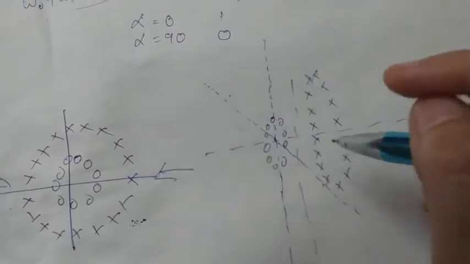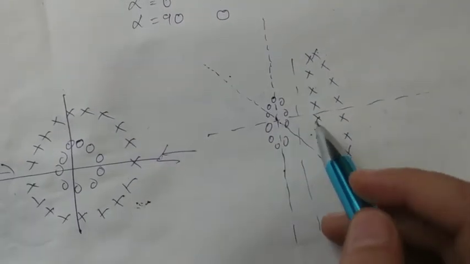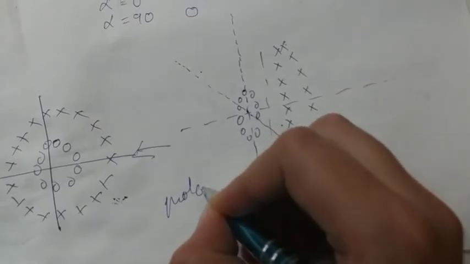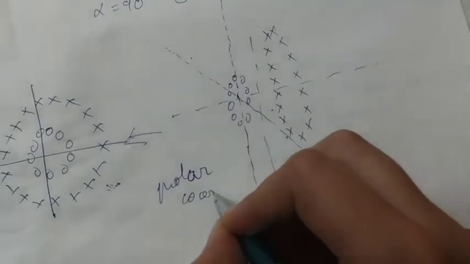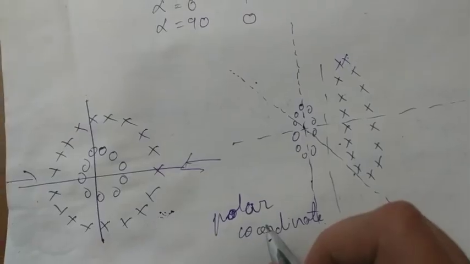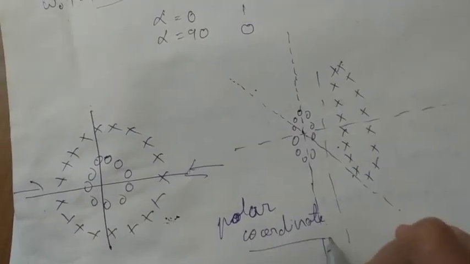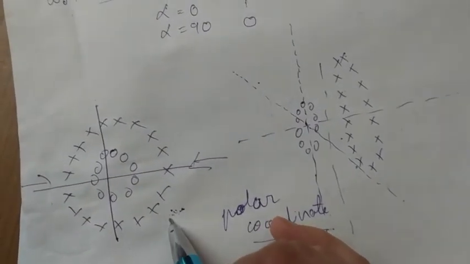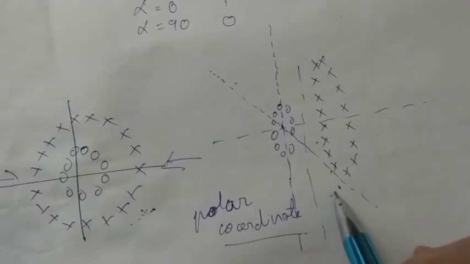Transforming this pattern into a pattern like this is the concept of polar coordinates. The core thing is, using polar coordinates, we can transform a given non-linear pattern into a linearly separable pattern without going into a higher dimension.